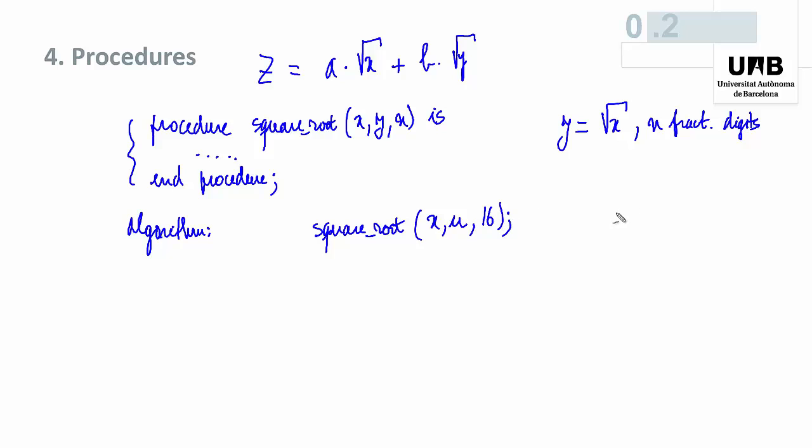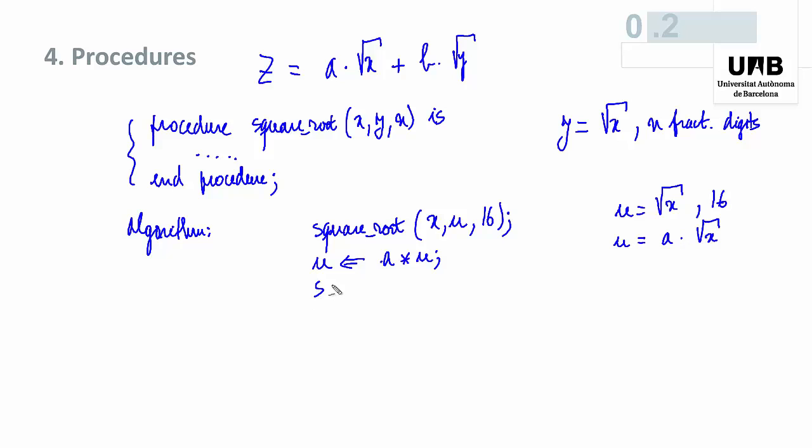This will compute u equal to the square root of x with 16 fractionary digits. After, we could replace u by the product of a by u, so that u will be equal to a times the square root of x.